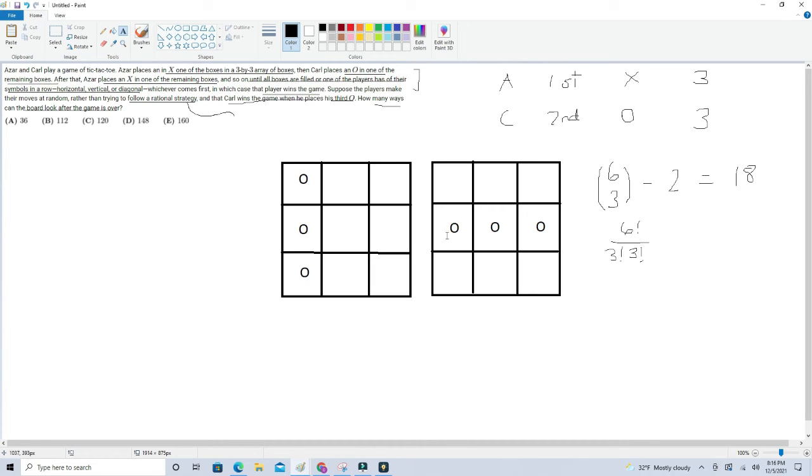Since there are 3 rows and 3 columns, that gives 6 configurations, each of which has 18 possible solutions. So we take our initial 18 value for this tic-tac-toe grid and multiply it by 6, because there are exactly 6 other configurations of Carl's O's which will yield the same counting problem. So we have 18 times 6, which is 108.